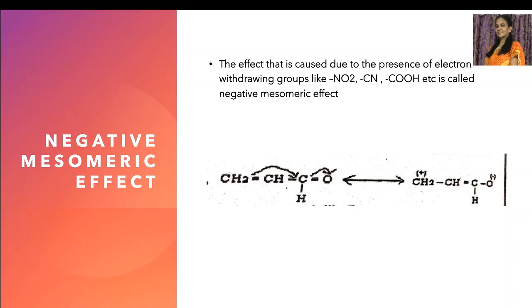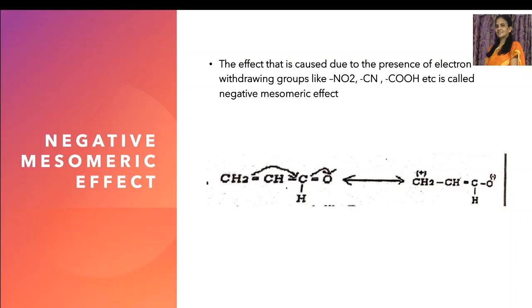Then what happens? The pi electrons in between this carbon and oxygen are shifted towards oxygen because of the bond polarization of these pi bond electrons towards oxygen, as oxygen is more electronegative. So when this type of group is attached to a carbon atom in the carbon chain, it withdraws electrons and attracts electrons towards itself.